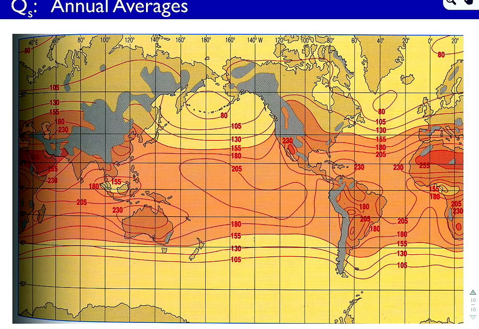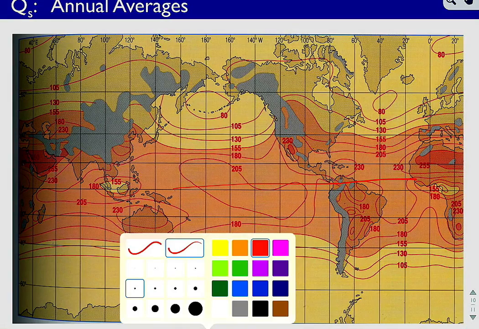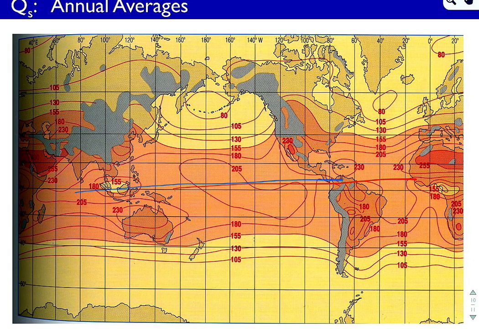When we look at annual averages, you see the strongest effect here is the latitudinal variation. So we have a band of the strongest sun in the interior here, and you can see we're getting 250, something like that, watts per meter squared. 255 is roughly the peak that I'm seeing here, maybe a little bit higher.